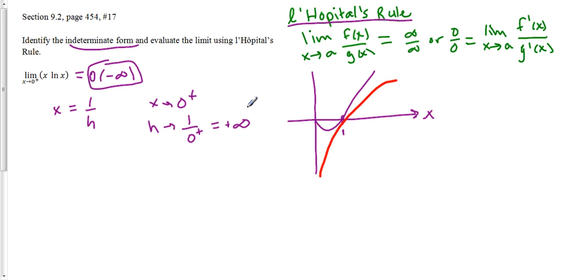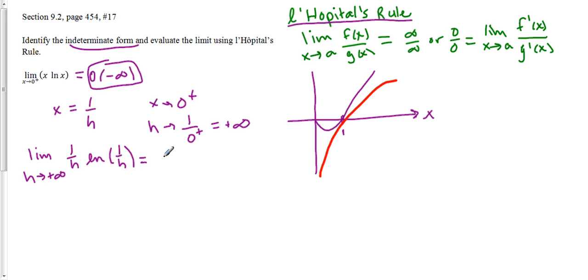So let's do our substituting in and try again. I'm going to have the limit as h goes to positive infinity of 1 over h times the natural log of 1 over h. And now I'm going to substitute in again and see what I'm going to get.